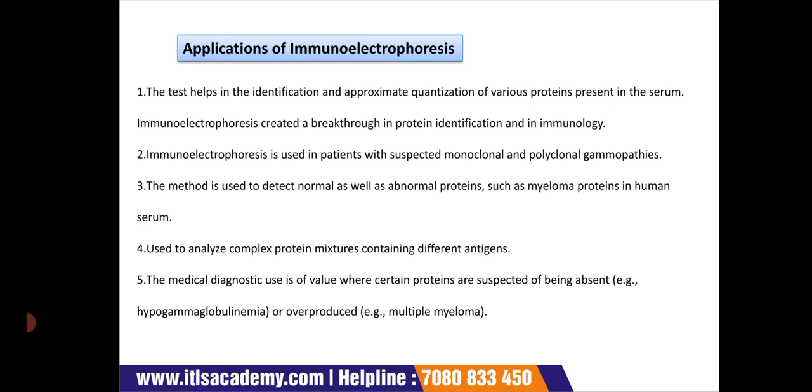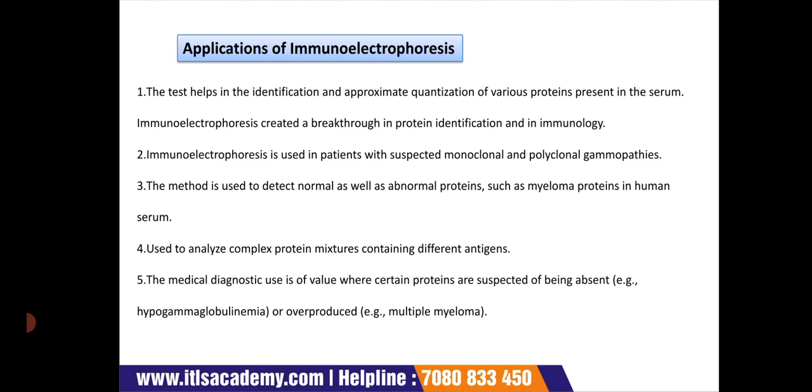The method is used to detect normal as well as abnormal proteins such as myeloma protein in human serum, and to analyze complex protein mixtures containing different antigens. It also has application in medical diagnostic use, where certain proteins are suspected of being absent, for example hypogammaglobulinemia, or overproduced, for example multiple myeloma.